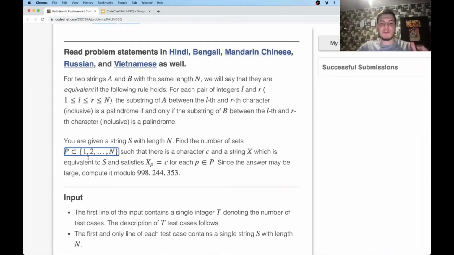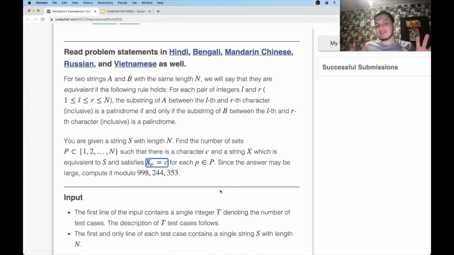This subset will represent the positions in our string, and we want to find the number of ways to choose a subset such that there exists some string x that's equivalent to our given string s, such that the positions of x on all of these positions P are equal.